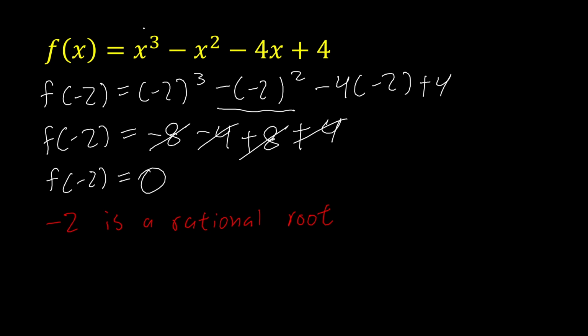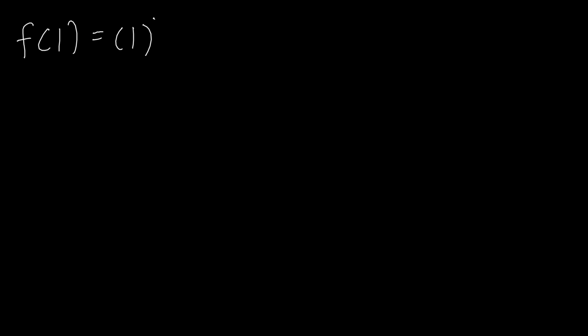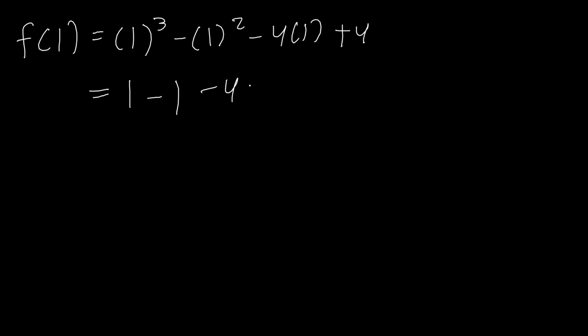So we substitute x with 1. 1 cubed is equal to just 1. Negative 1 squared is equal to just 1. Negative 1. This is negative 4. And this is positive 4.